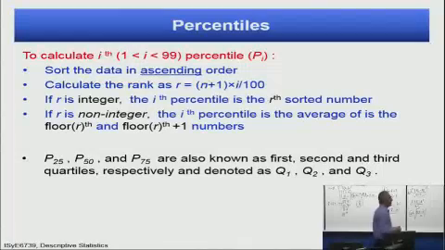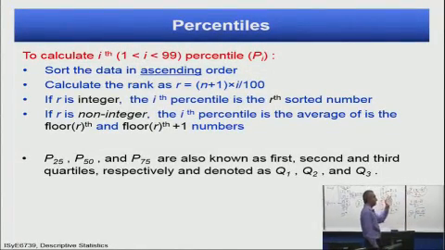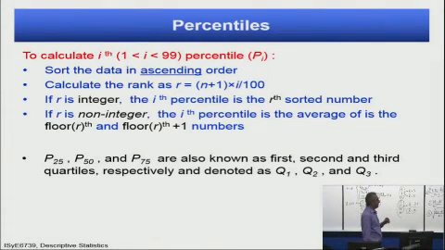Percentiles. We can have different percentiles from 1 to 100. Here is the procedure for estimating a percentile. It's very similar to the median. First sort the data. Then let's say we are looking for the 25th percentile, so i is 25.